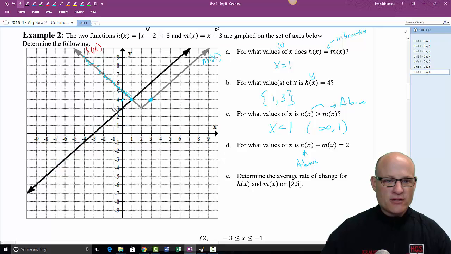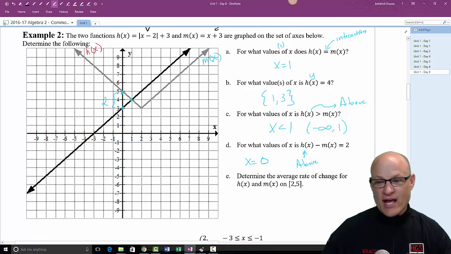Let me get rid of a lot of this stuff. Okay, so 2 units. So here's where they're equal. So right here, boom, boom. See how they're 2 units away from each other? And h of x is above m of x. So they're 2 units away from each other when x equals 0.